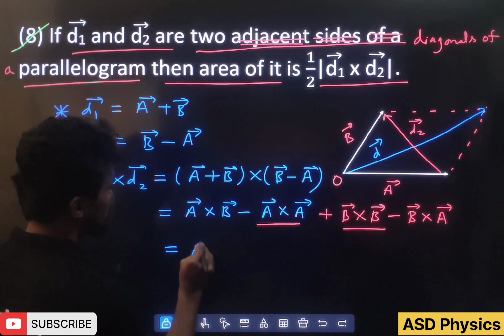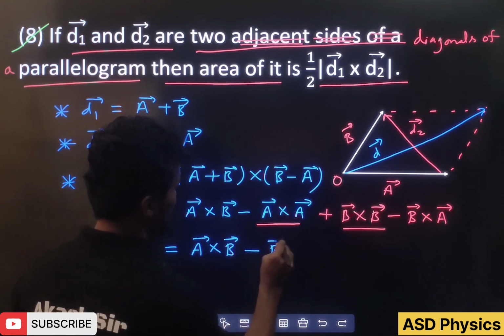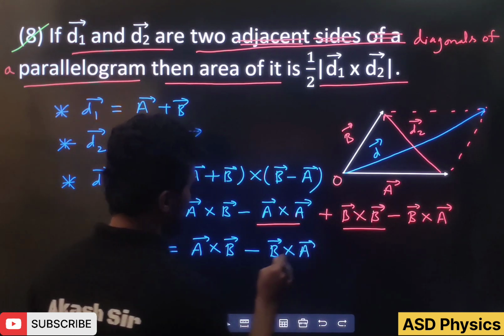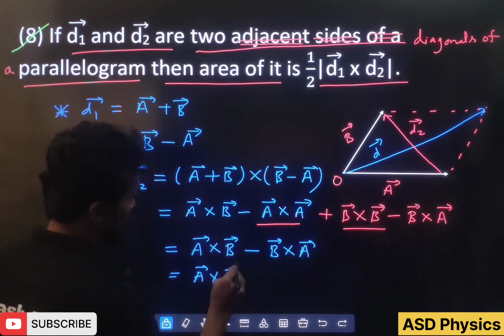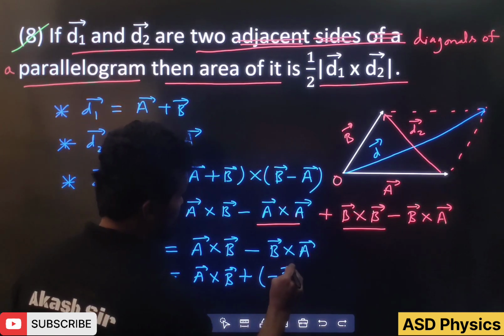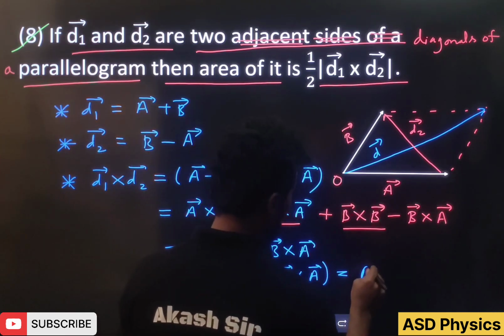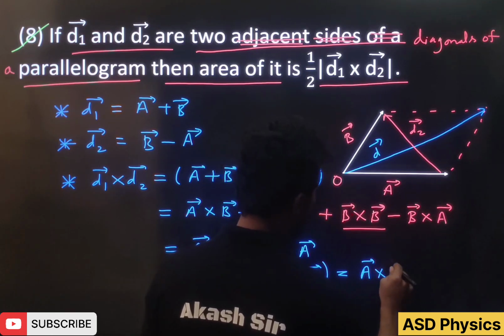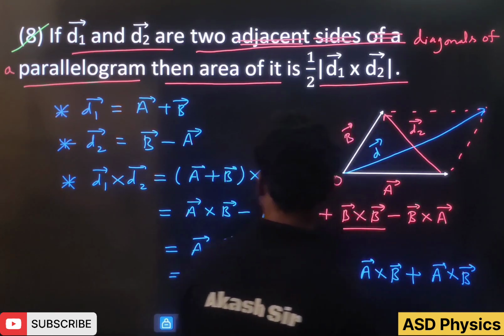That means vector A cross B is minus of B cross A. We can write vector A cross B plus minus of B cross A. That means this will become vector A cross B plus vector A cross B. Can you get it very well?